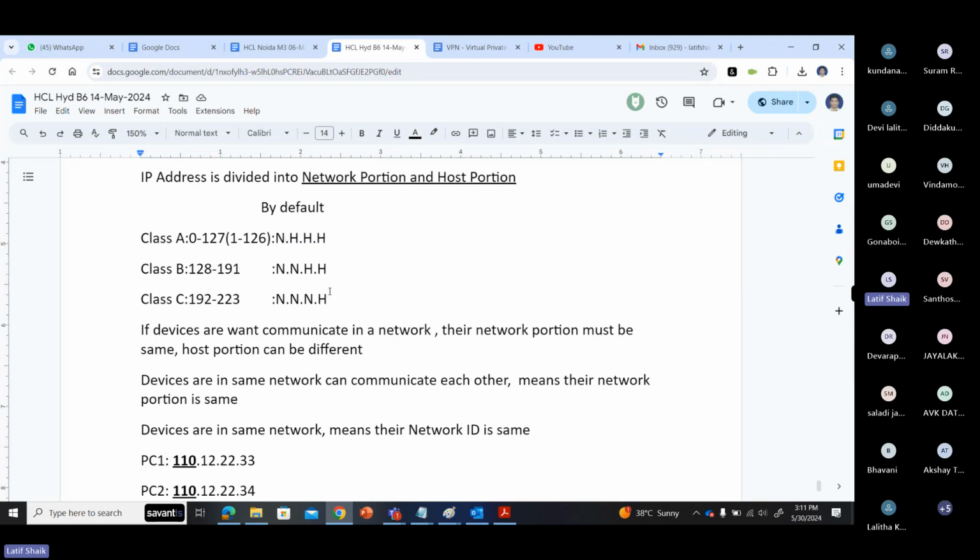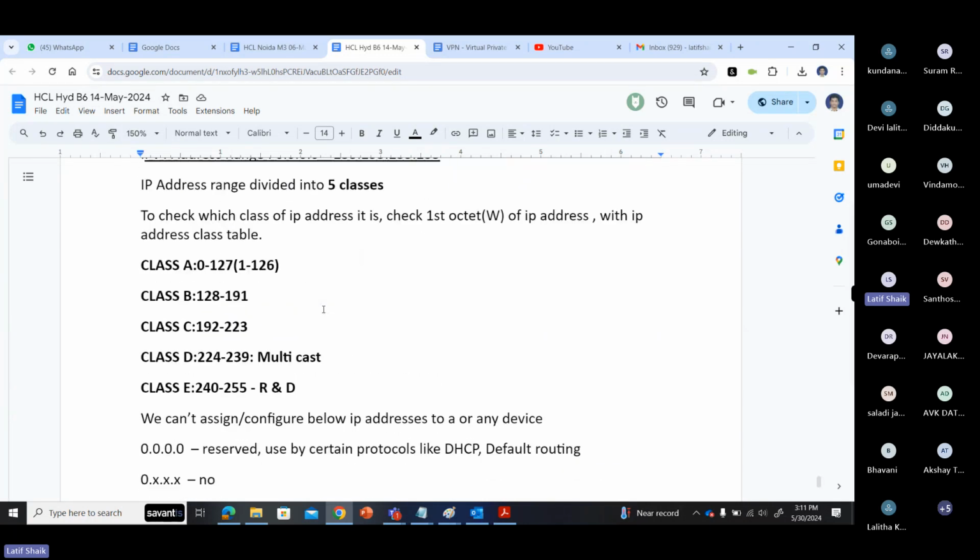To control the number of hosts per network. Already I told you, we divide IP addresses into 5 classes. There are several reasons to divide the IP address into classes.